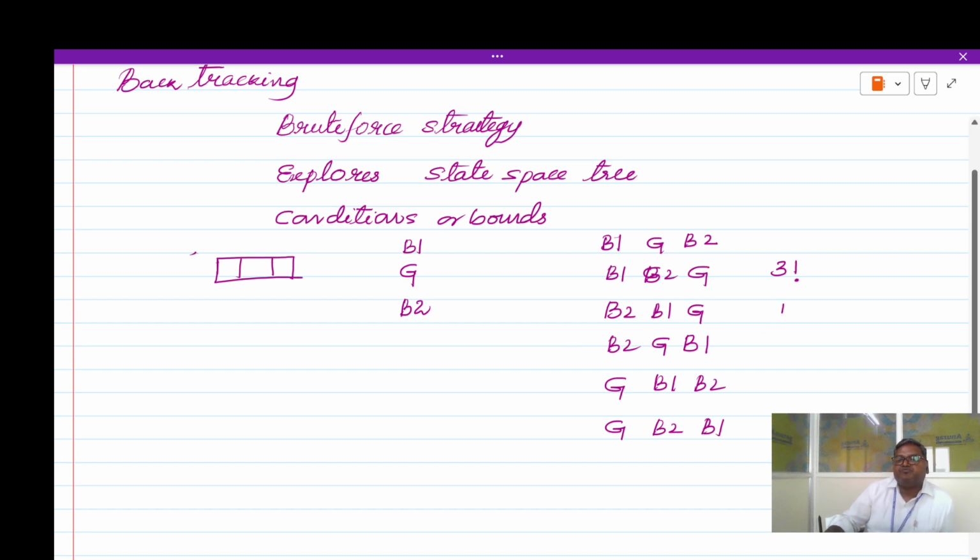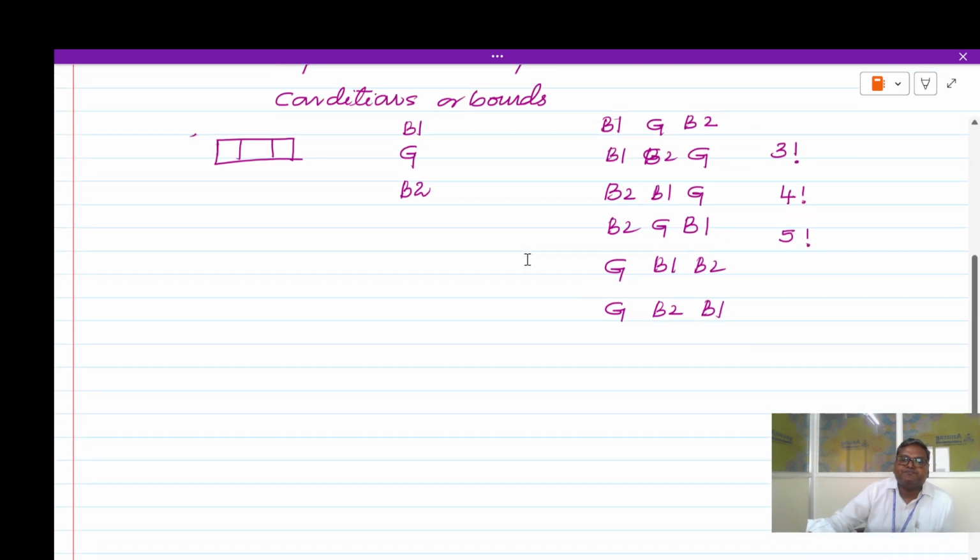But if it is 4 factorial, then it comes to 24, and if 5 factorial, it goes to 120, and then it goes exponential. So what we do is explore the possibility of all the arrangements. Now let us say I draw a tree.